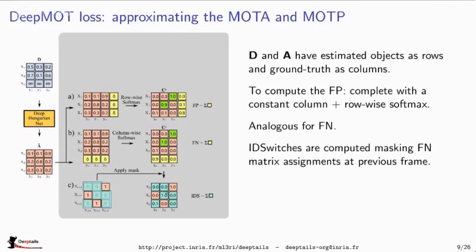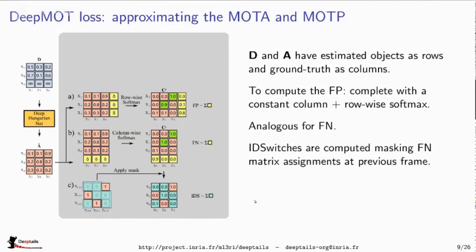Here it becomes very clear that at the previous time frame, the second object x_{t-1,2} was assigned to the first ground truth object, but at this current frame, it is assigned to the second object, not to the first, and therefore this is an identity switch. So the sum over these blue squares is the expected number of identity switches.